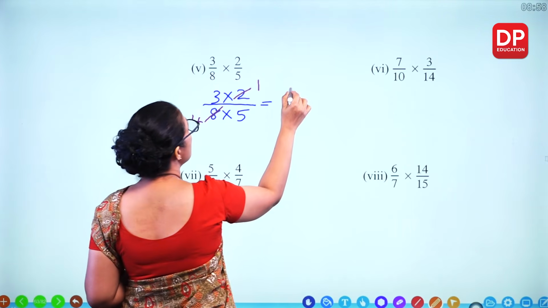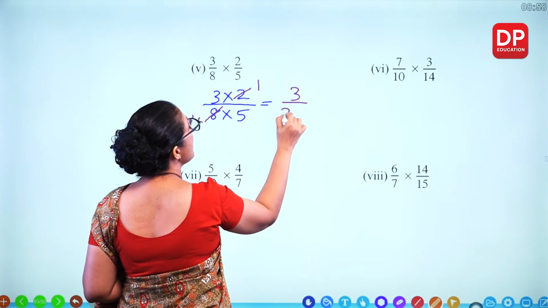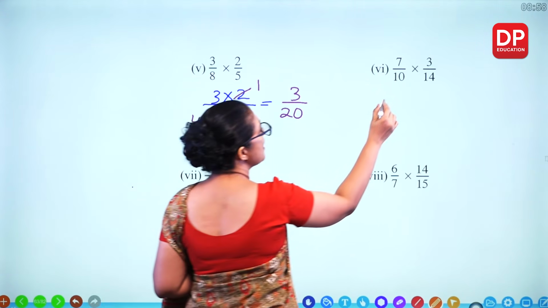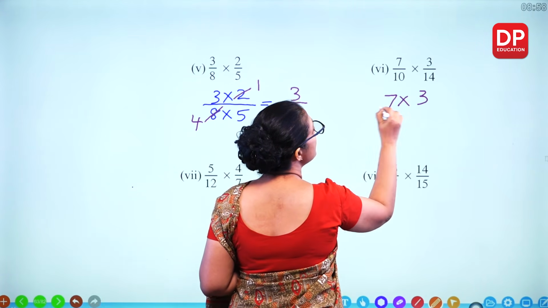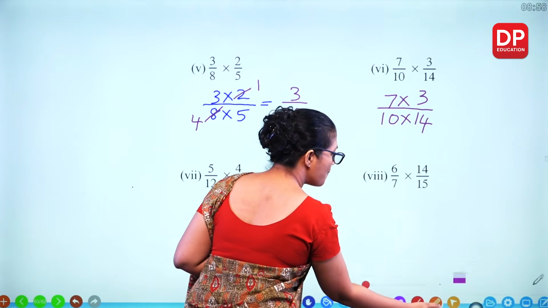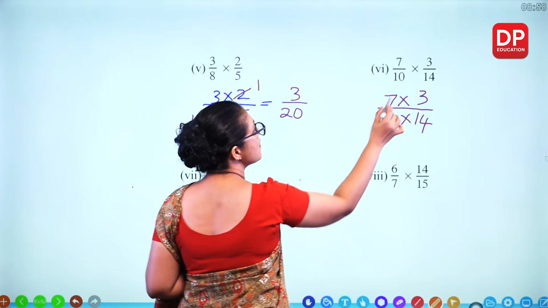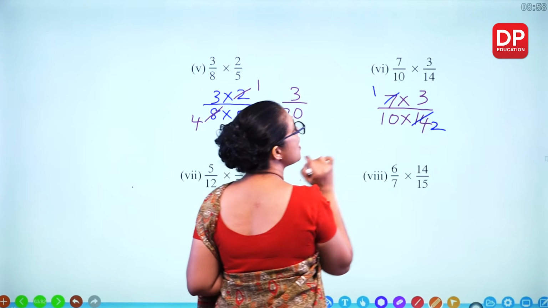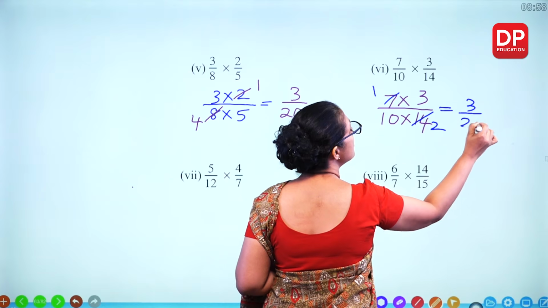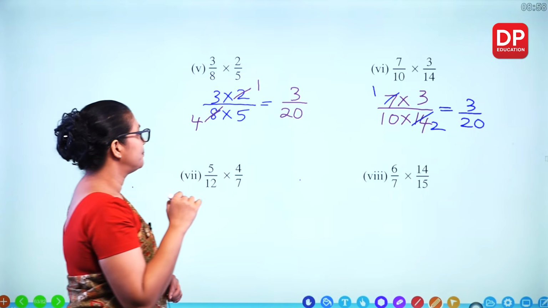So 3 times 1, 3, 4 times 5, 20 is the answer. Here multiply the numerators separately, denominators separately and see whether you can simplify. Yes, 7 times 1 and 7 times 2. So what's the answer? 3 over 20.